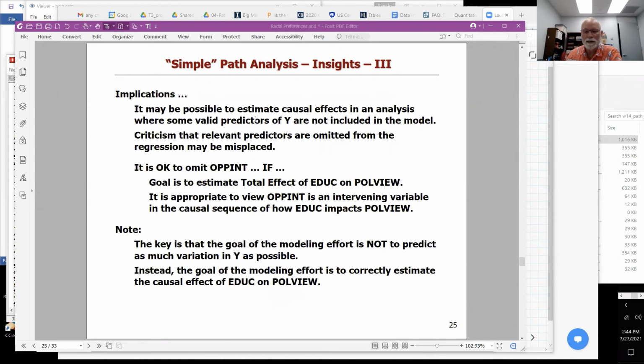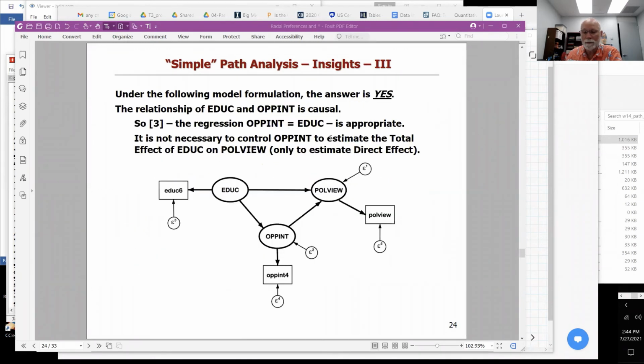There's simple implications for this. The simple implication is your choice about whether to view this relationship as causal or non-causal means you will assess the relationship between education and political view entirely differently. What is the implication?